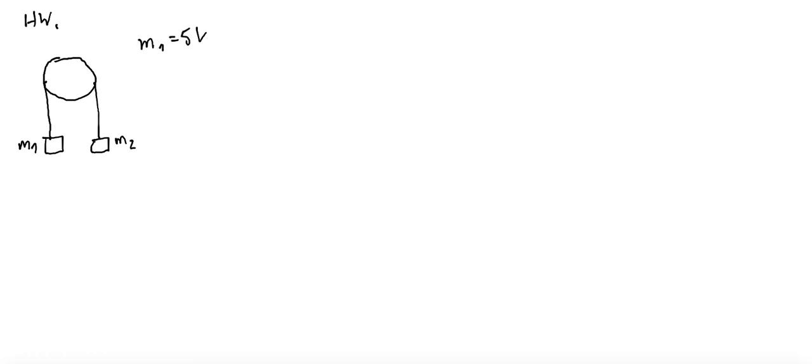Okay, so what is your homework? You have to do exactly the same exercise. So we have a disk, okay, with two masses, exactly the same masses, m1 5 kilograms and 2 kilograms. Okay, so exactly the same problem.